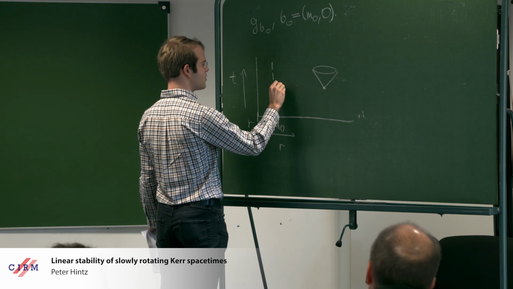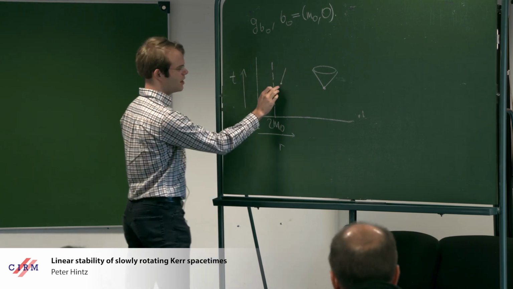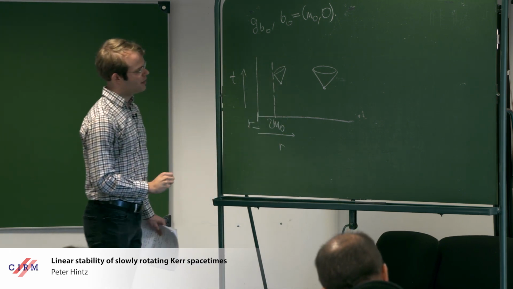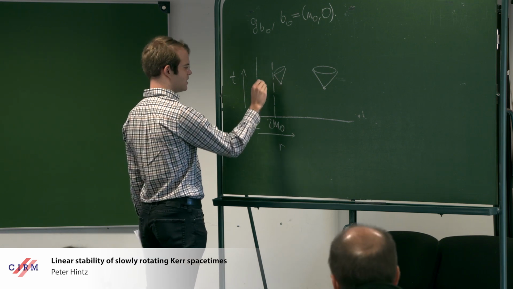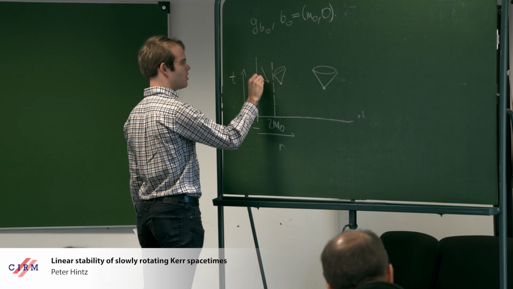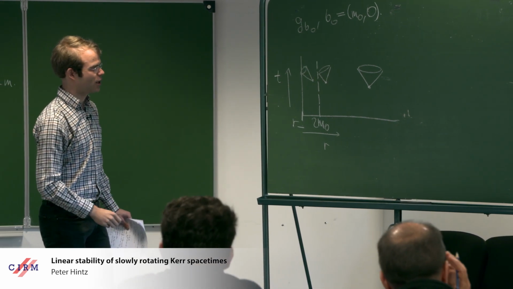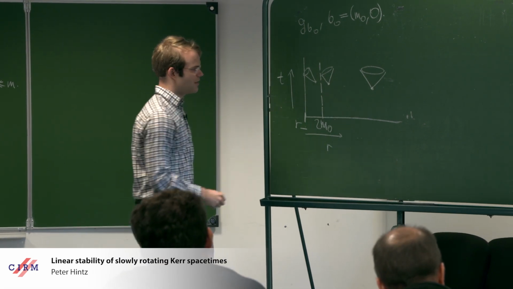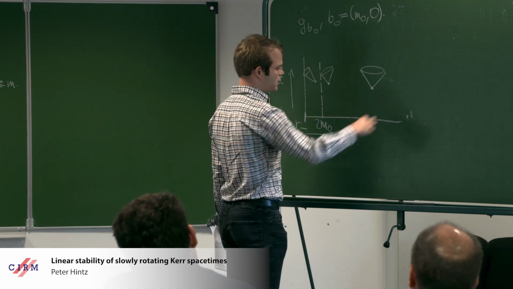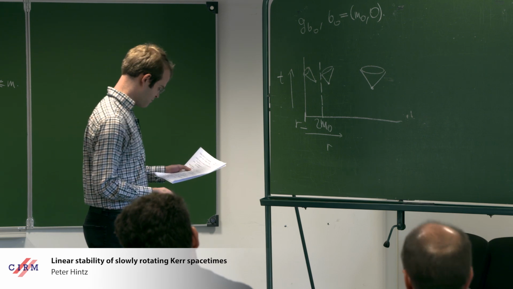If you're close to the event horizon, then it already gets quite tilted, so it's very hard to get away from the black hole, but it's very easy to fall towards it. And once you're on the other side of this dashed line here, then no matter how hard you try, you're always going to be moving more towards r equals 0, towards the center of the black hole. So this dashed line here is the event horizon. It's the point of no return. That's what makes it a black hole. But very far out, it just looks like your good old Minkowski space.